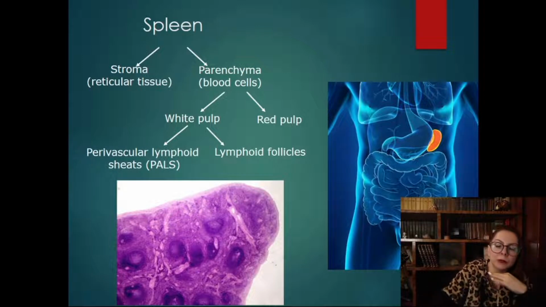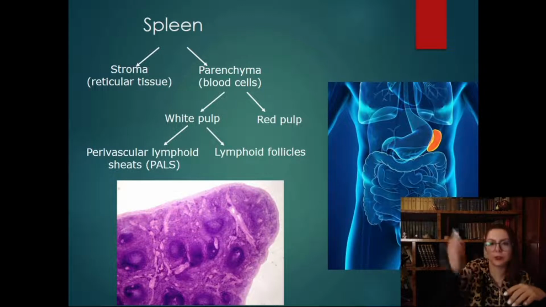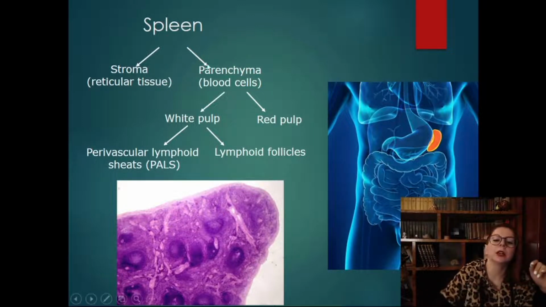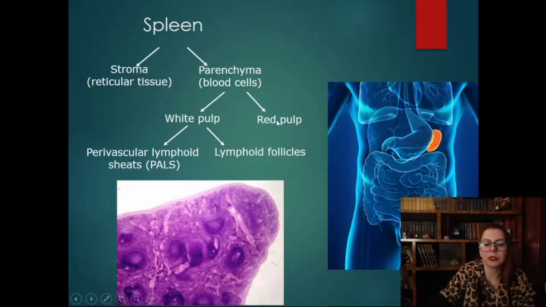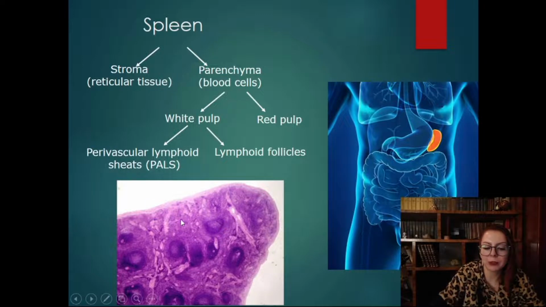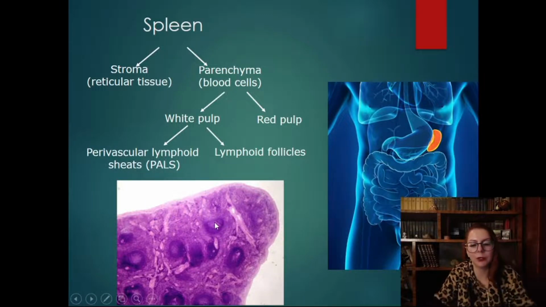But if we look at a fresh specimen, if we cut the spleen before fixation and staining, the red pulp would be red, dark brown, while white pulp would be white. So they are named after the color in a fresh organ, but in the specimen they are red or pink and purple instead of white.